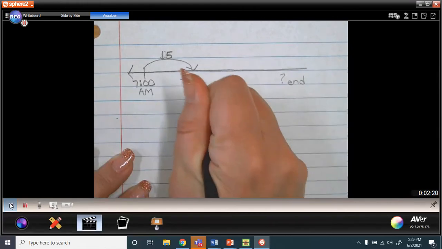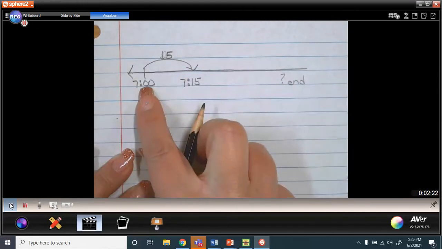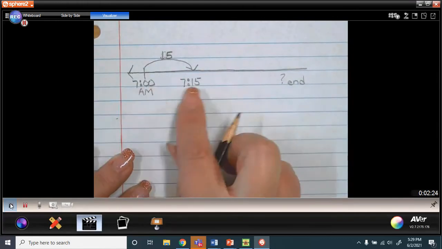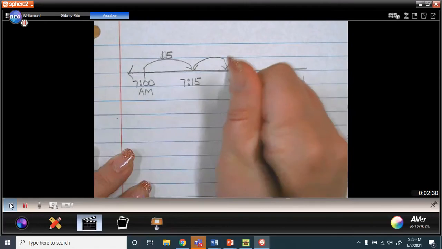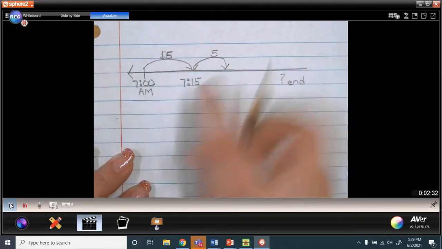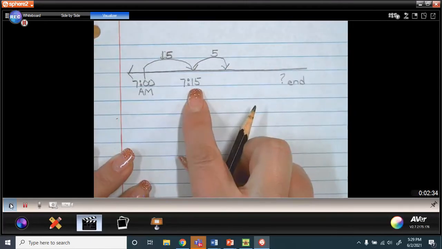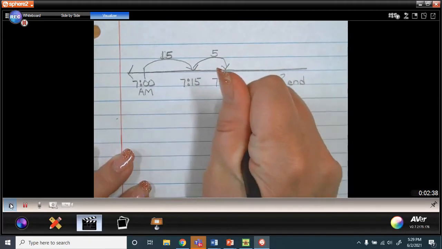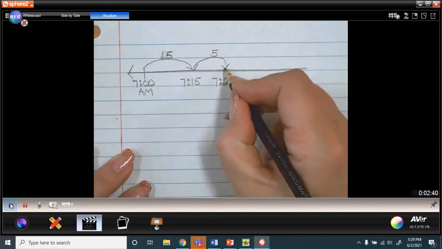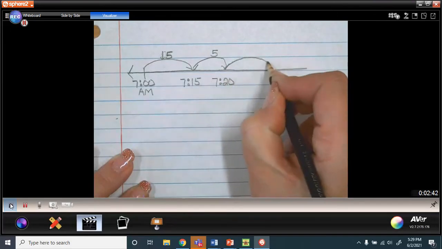Now, when we add on 15 minutes to 7 o'clock, there aren't any minutes here, so we're going to make this 7:15. The next thing is he took 5 minutes to brush his teeth. So let's add on 5 minutes to 15, which makes 7:20.